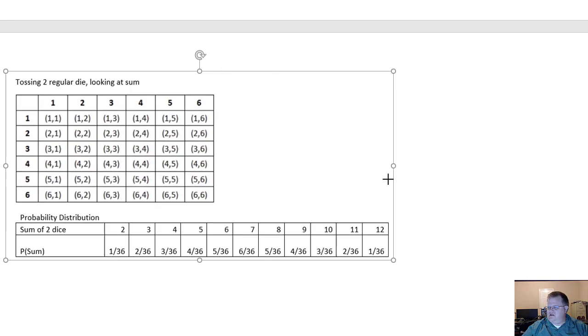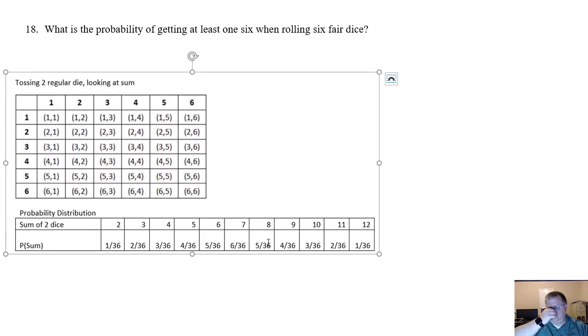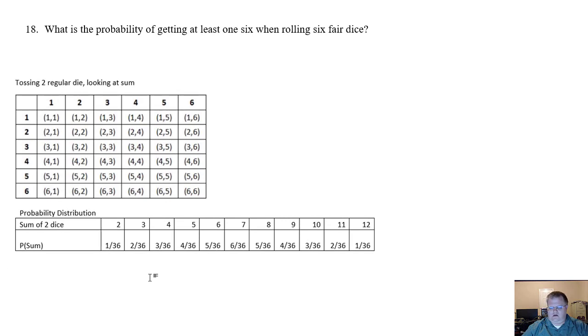Let me see if I can get this with the question there. Oops, same time. All right, what's the probability of getting at least one 6 when rolling a 6-sided fair dice?